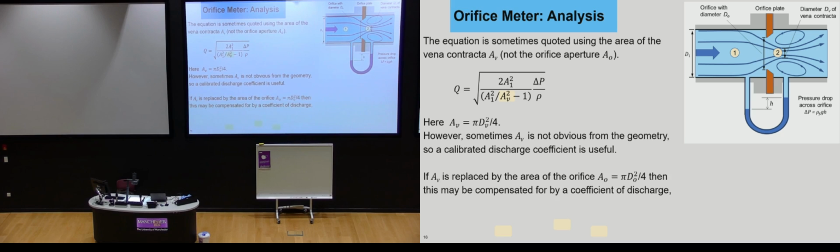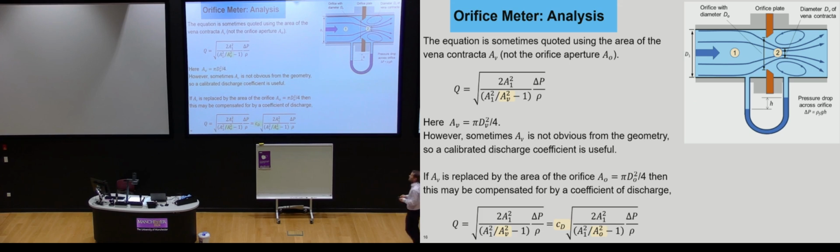So if we replace that area, AV, by the area of the orifice, so pi d naught squared upon 4, because we can measure that distance there between either side of the plate. The way we do that is with our discharge coefficient. So on the left here, this is the area of the vena contracta, which we don't know.